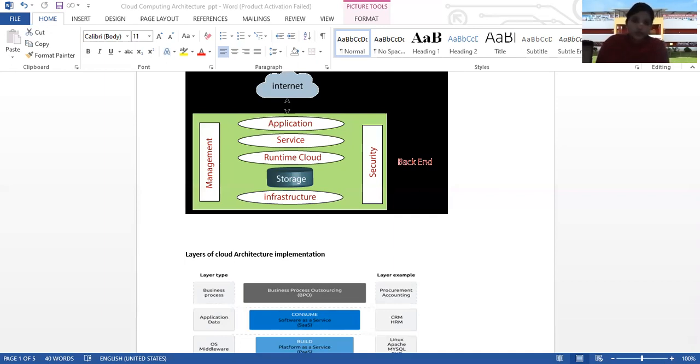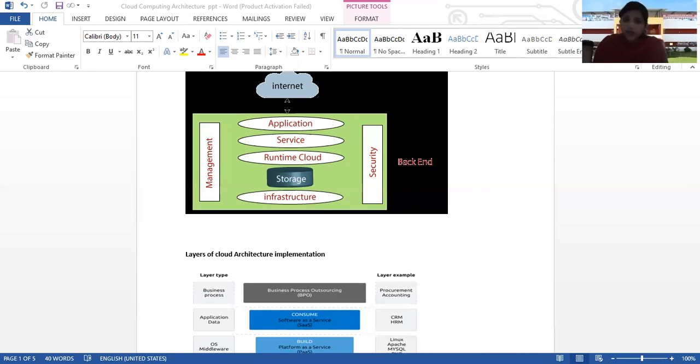Storage is one of the most important components of cloud computing. It provides a huge amount of storage capacity in the cloud to store and manage data. Then infrastructure provides service at the host level, application level, and network level.